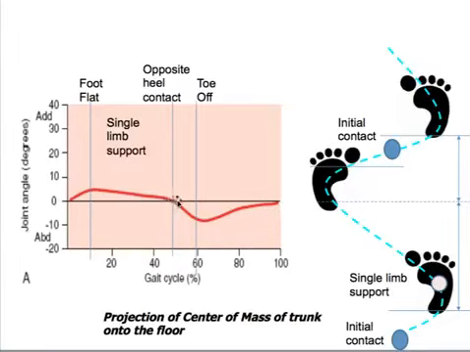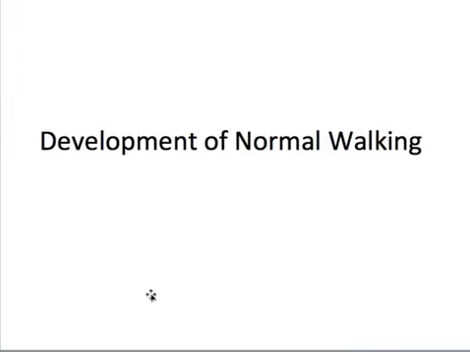And then as we go into double support, there's a relatively quick and large, about 10 degrees of abduction to unweight that limb and push us over onto the contralateral side during single support. Okay, and then during swing, we have a gradual return to neutral. So that's the control in the frontal plane and some kinematics of the pelvis.